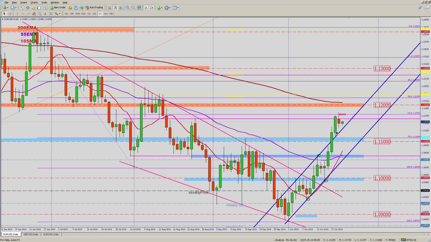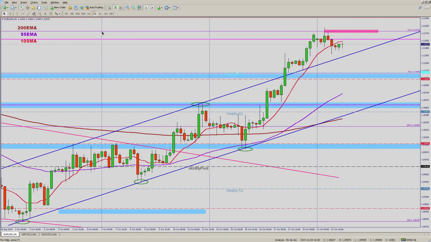Since it's already outside of the bullish channel that it broke up from on Thursday and Friday, there is a possibility that it's going to retrace back, whether it's going to find support at the upper channel trend line. We shall see whether there is going to be a bounce or whether it's going to retrace back into the bullish channel.